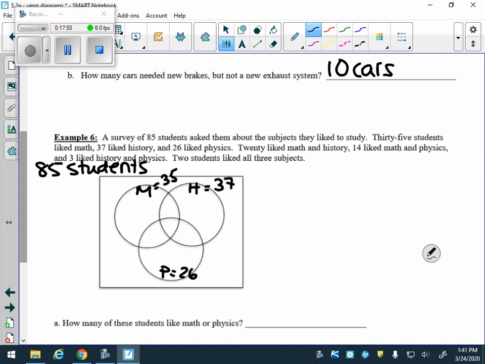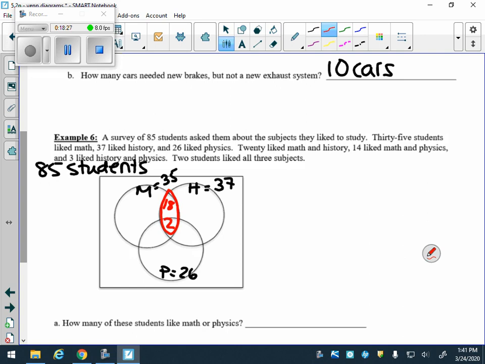So the best way to do this is work inside out. So how many students liked all 3 subjects? Well, there's 2. That goes directly in the middle. Okay, so we know that 20 liked math and history. So this whole piece has to equal 20. Well, we're already using 2 of it, so 18.